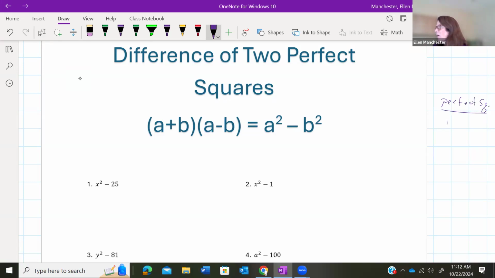Perfect squares are 1, 4, 9, 16, 25, 36, 49.